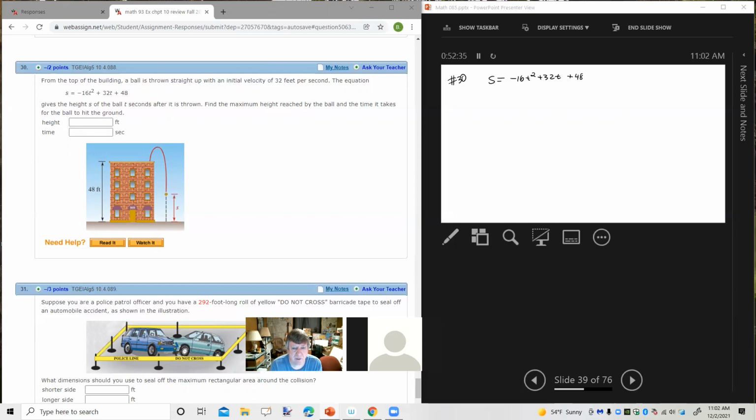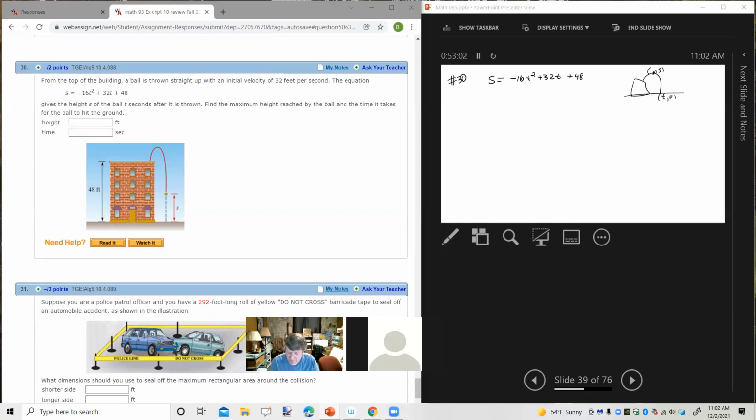Find the maximum height reached by the ball and the time it takes for the ball to hit the ground. Okay, so now we want the maximum height, which is S, and we want the time it hits the ground, which is the t-intercept, so to speak. Okay, so we need part of the vertex and one of the x or t intercepts.